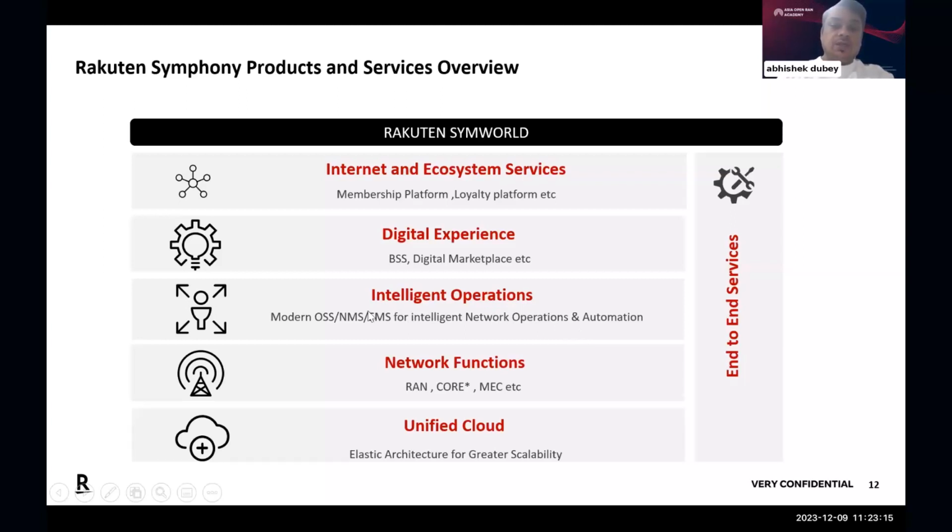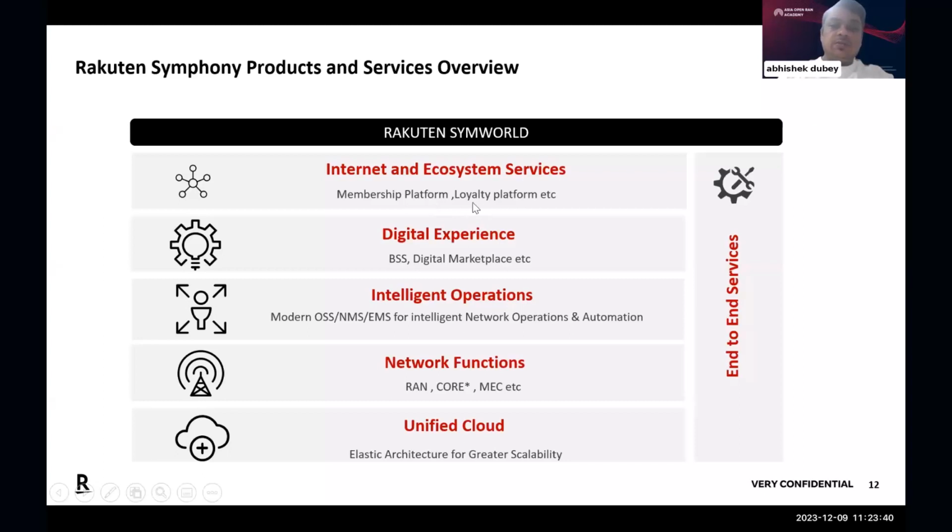On top of that, we also have digital experience where we can provide the OEMs or customers with BSAs and digital marketplace services. And we also have the internet and ecosystem services where we can provide the membership platform for the operators and for the customers.